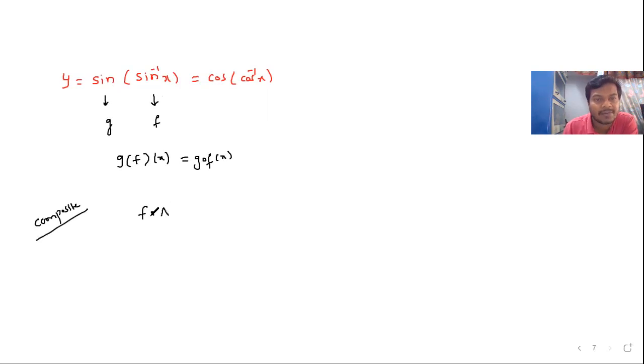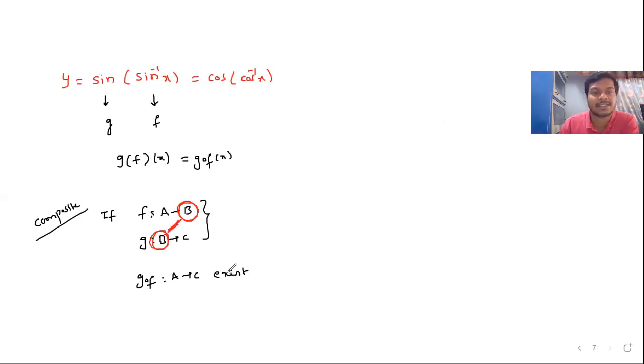When f is a mapping from A to B and g is a mapping from B to C, then only g circle f from A to C exists. If f maps from A to B, g maps from B to C, then only it exists, right? And it is very clear that the codomain of f and the domain of g, that is the range of f, must be the same.